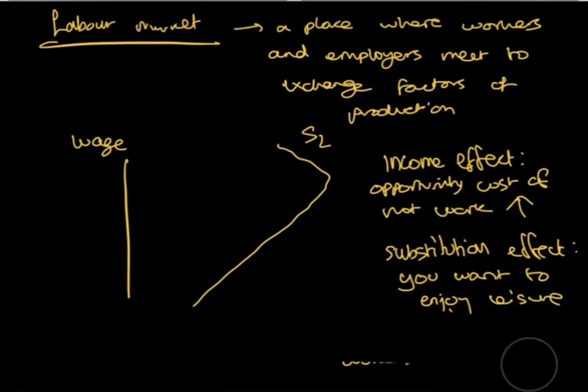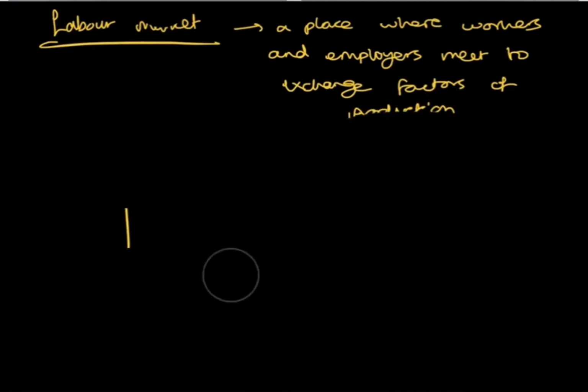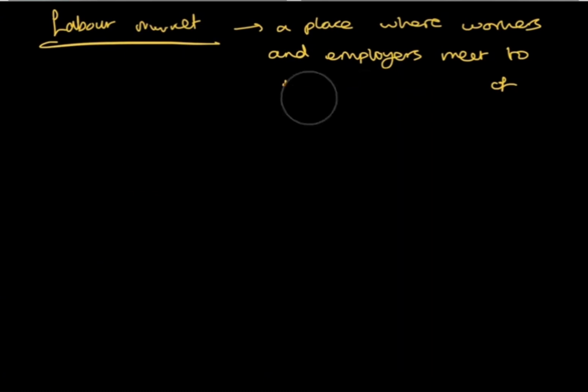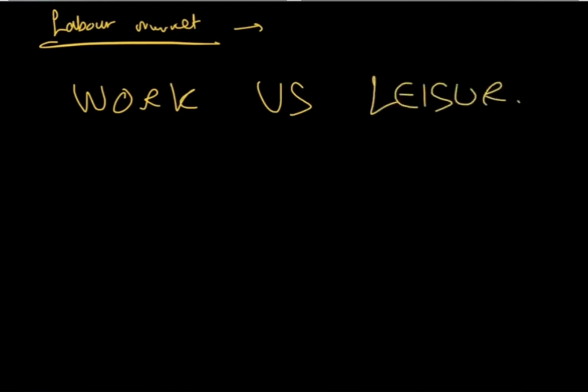And then the last thing I wanted to go over before we move on to the factors that shift the curves is to remember these two things. So for workers, it's work versus, what's the alternative to work? Leisure. That word is important because it summarizes relaxing and enjoying yourself, and in your essay you want to say the word leisure.